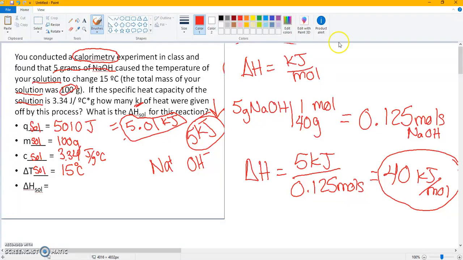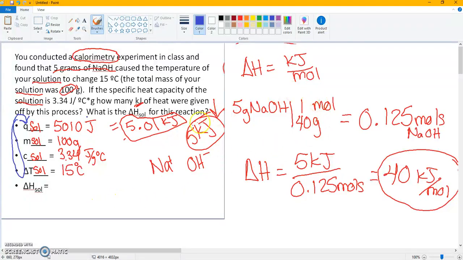So the important things in this problem that I'd like you to recognize are that calorimetry always deals with Q equals MC delta T, no matter what. Okay, calorimetry, that's what we do. By using Q equals MC delta T, we can thereby calculate the heat given off in a reaction, in a solution, in whatever transfer we have.